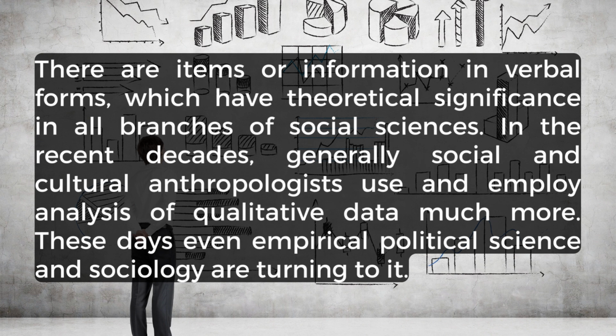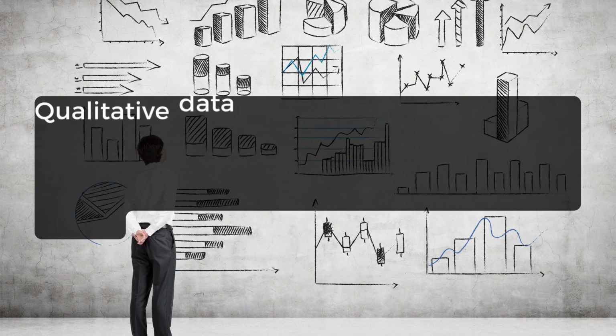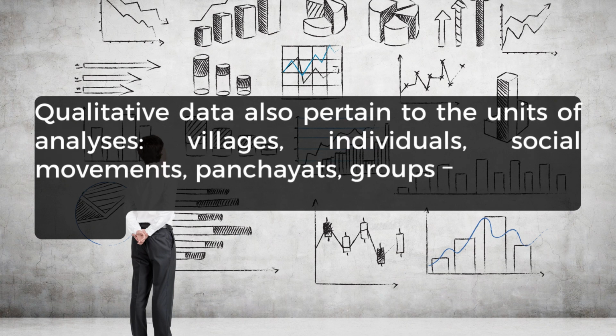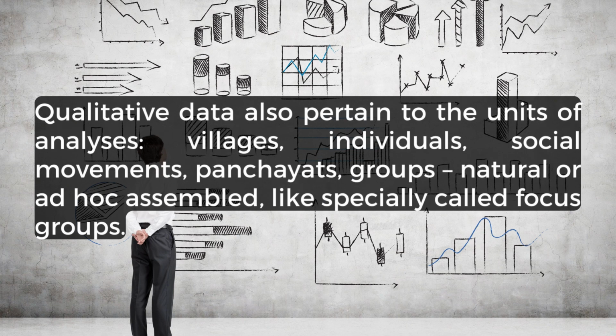These days, even empirical political science and sociology are turning to it. Qualitative data also pertains to the units of analysis, for example, villages, individuals, social movements, panchayats, groups, natural or ad hoc assembled, like the specially called focus groups.